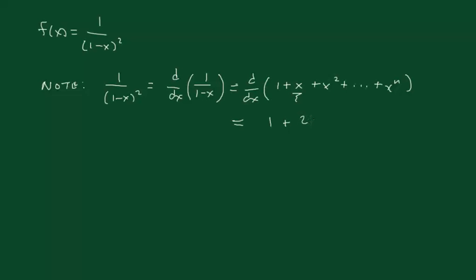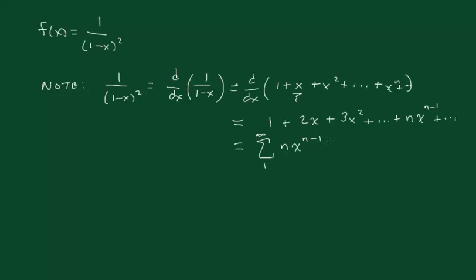The derivative of the next term is 2x, plus the derivative of the next term, which is 3x squared, plus ... plus n x to the n minus 1, plus ... So what we've done is manipulate a known series to develop a new series. And if we write the summation notation, we can say from 1 to infinity of n x to the n minus 1.